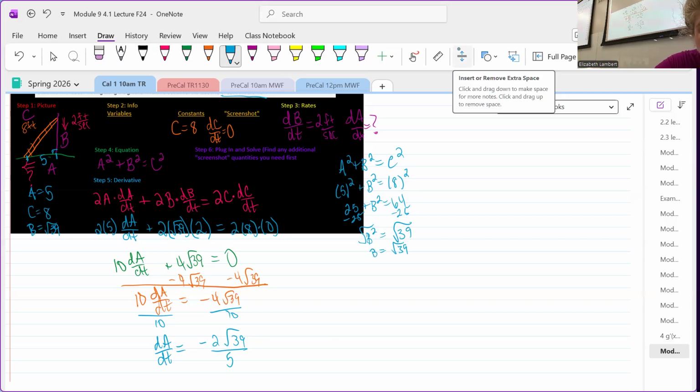Smaller, because it's going down. Eventually B is going to equal 0. So when I plugged in that 2 feet per second, I probably should have been plugging in negative 2 feet per second.